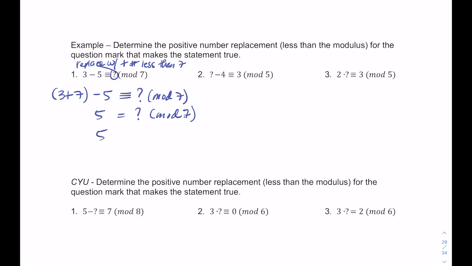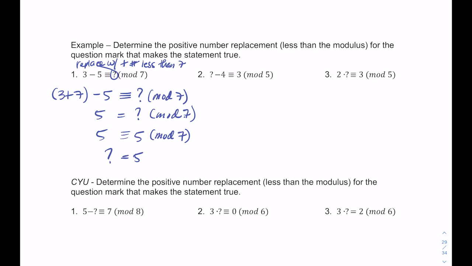And 5, we know is congruent to itself, because that's a number that's positive that's also less than 7. So the question mark is just equal to 5. Okay, and you can try that.